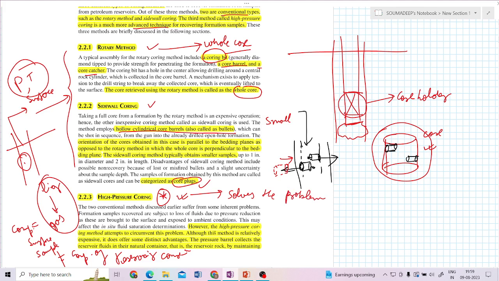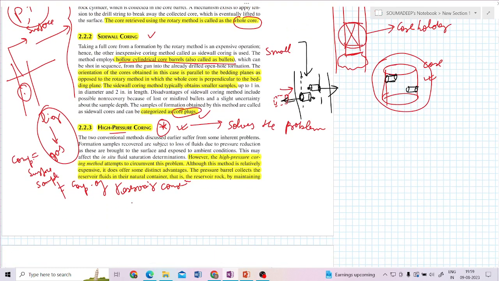How does it solve the problem? As the name suggests, high pressure coring. The high pressure coring method attempts to circumvent this problem, and this method is relatively expensive, but it offers distinct advantages.